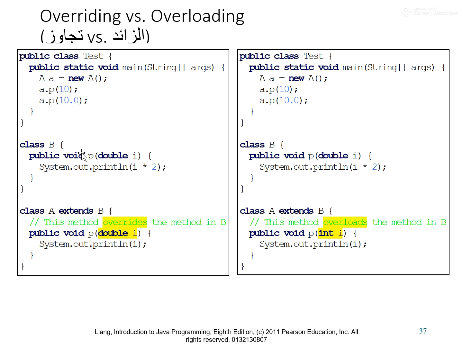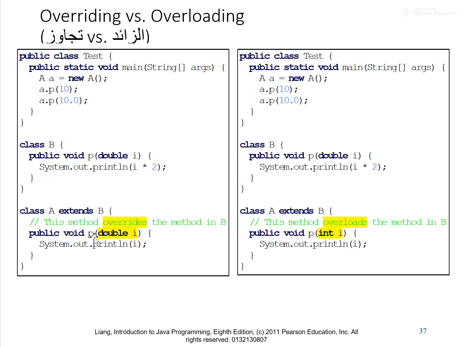Then we have method overriding. Slight difference over here. Again, we have two classes which have a superclass-subclass relationship. Class B is the superclass, class A is a subclass of B, and both of them have a method called P, and both take an argument of type double.